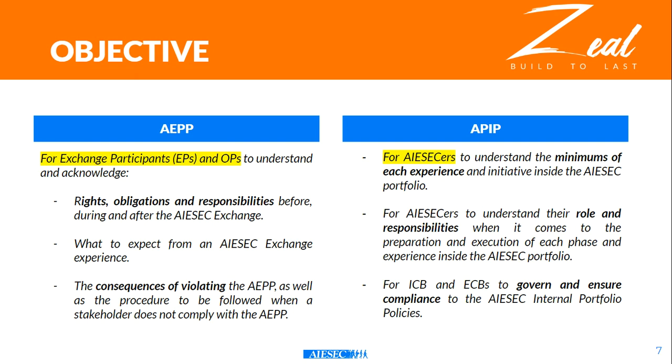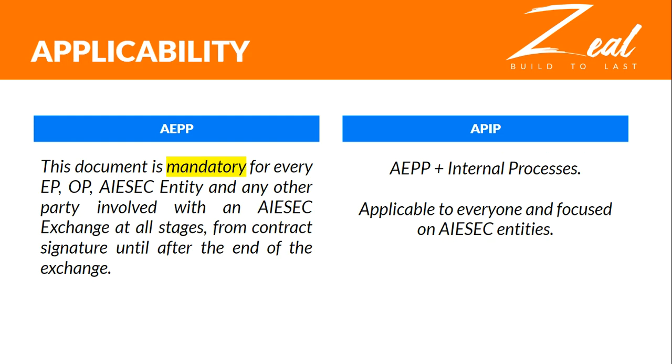Whereas the AIESEC portfolio internal policies is something internal just for AIESECers to understand the minimums of each experience, and also to understand the roles and responsibilities when it comes to the preparation and execution of each phase and experience inside the AIESEC portfolio. It is also important for us at ECB and ICB to govern and ensure compliance to the AIESEC internal portfolio policies.